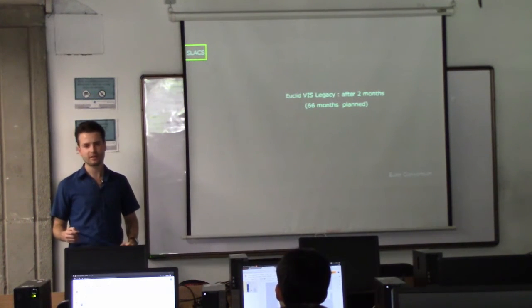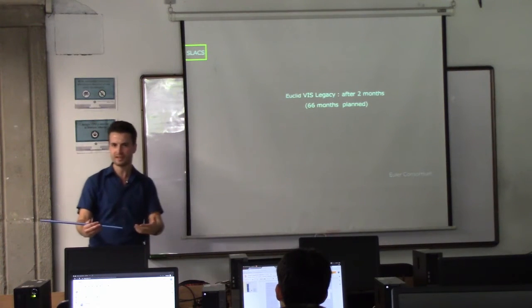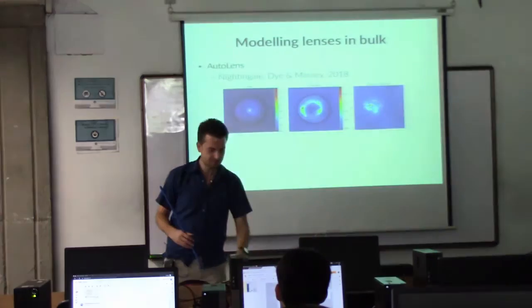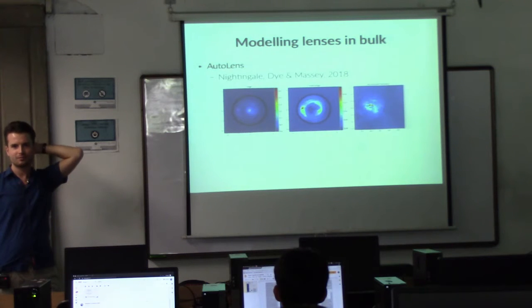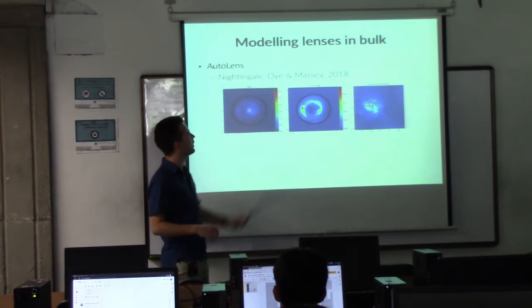What will most likely happen, we'll start selecting only a few interesting lenses that might have high magnification, but you still want to have sort of a preliminary lens model for them. And so the challenge is modeling these lenses in bulk.